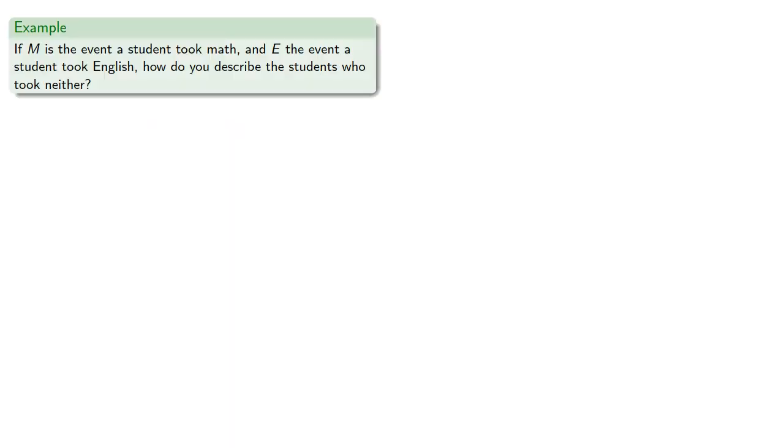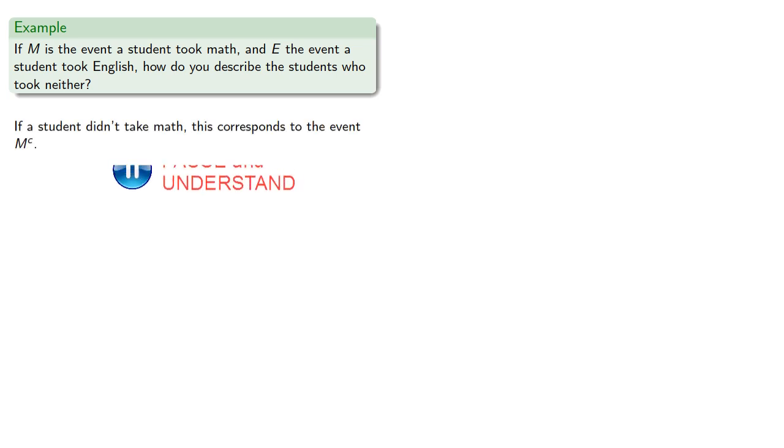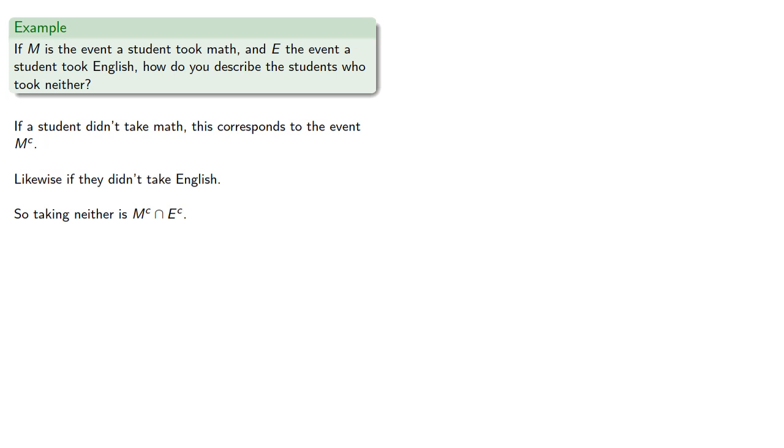So let M be the event a student took math and E the event a student took English. How do you describe the students who took neither? If a student didn't take math, this corresponds to the event M complement. Likewise, if they didn't take English, so taking neither is the intersection of the complements.